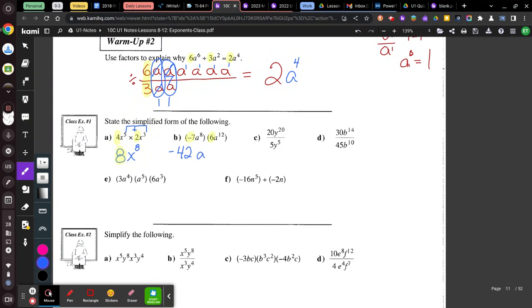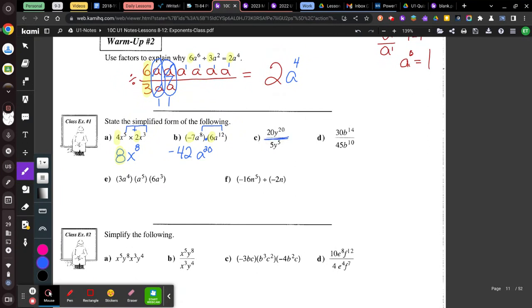We have the letter a. When brackets are sitting side by side, they mean multiply. So if I'm multiplying, I'm adding the exponents on my variable, which means I'm going to get a to the 20. So negative 42a to the 20. The fraction line means dividing.